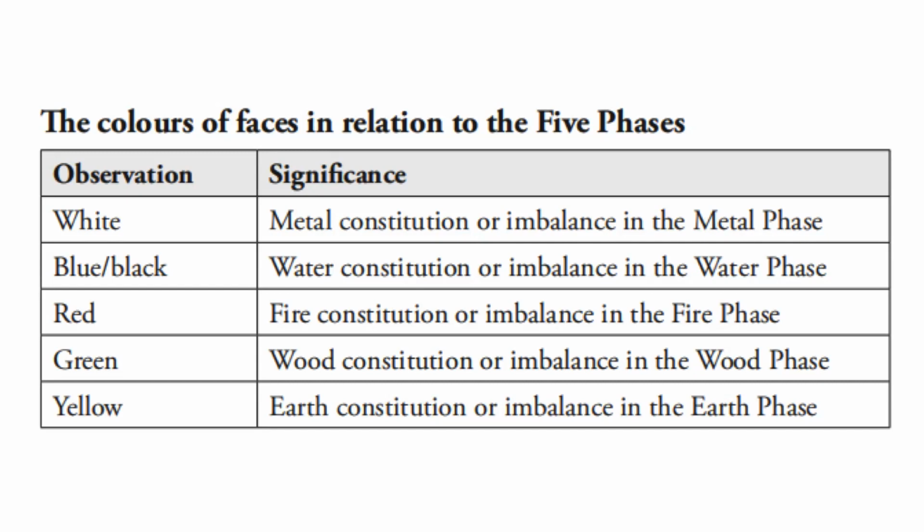If the face is green, the patient has a wood constitution or has an imbalance of the wood phase. And if the person has a yellow color, yellow face, then the patient has an earth constitution or an imbalance in the earth phase.